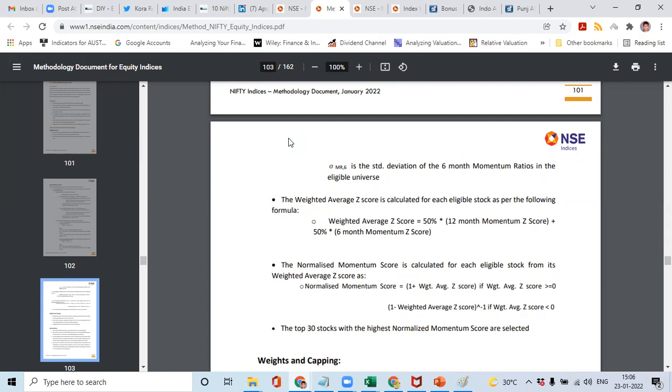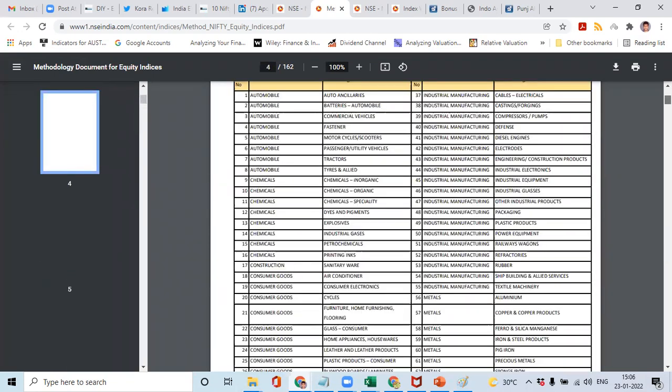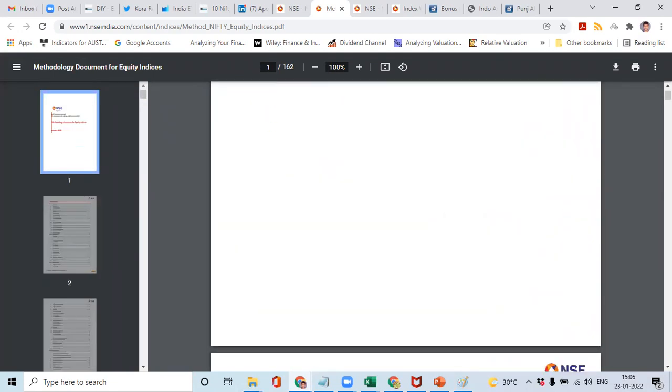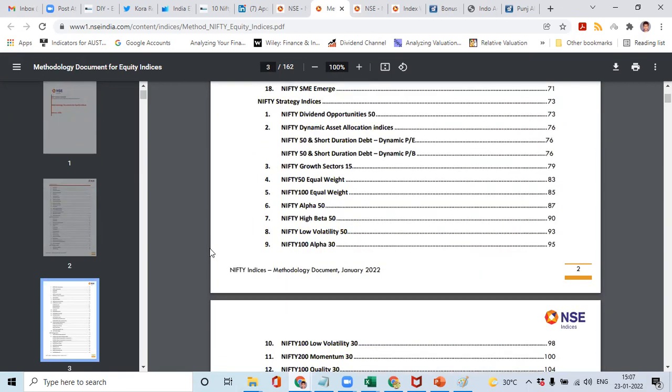Now we also have another index called low volatility index. Let's see what they do, right? Where is it? Alpha low volatility.